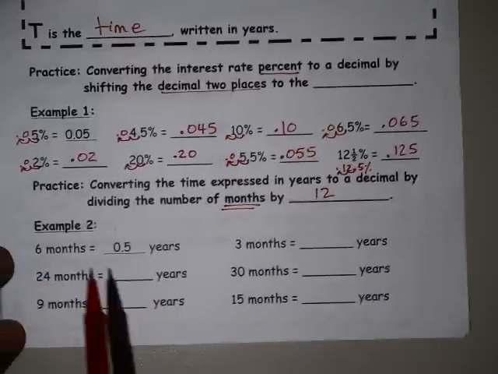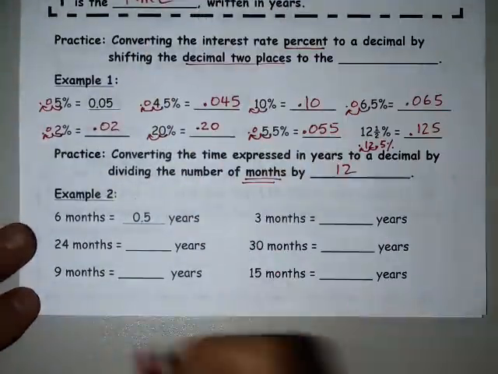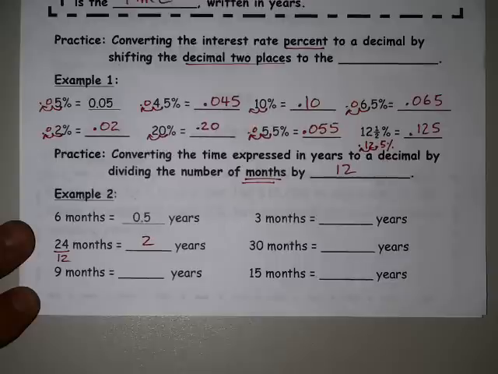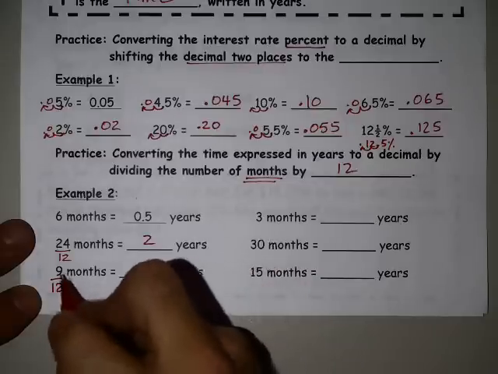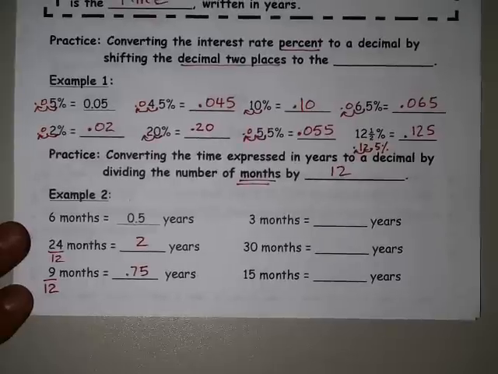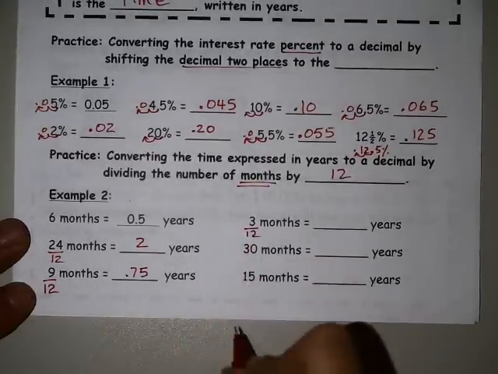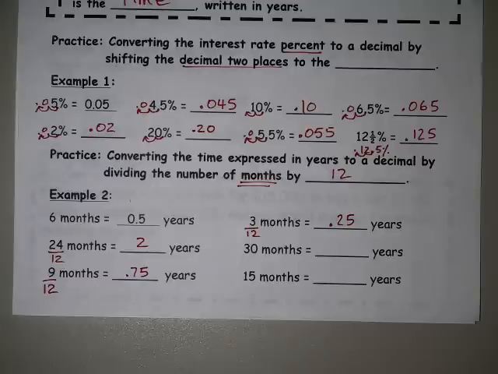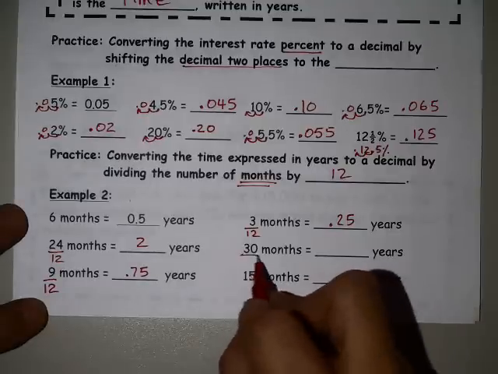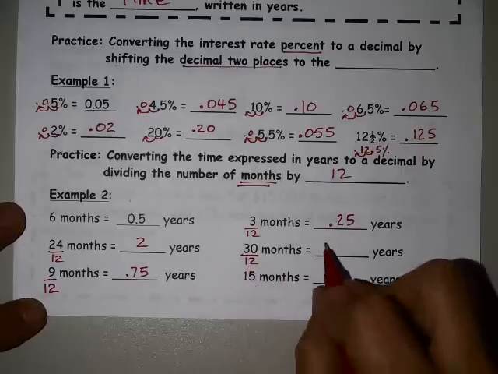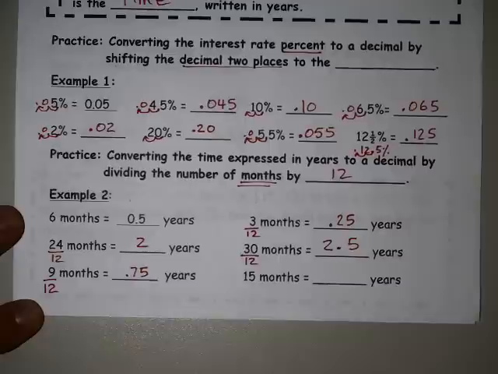So 6 months, you should know, is half a year. 24 months, well, if I divide that by 12, that's 2 years. 9 months, if I divide that by 12, and I simplify that, you should kind of know that one, it's 3/4 or 0.75. 3 months is 3 out of 12, which is a fourth, so that's 0.25 of a year. 30 months, well, when I divide that by 12, I get 2 and 6/12, which is 2.5 years.